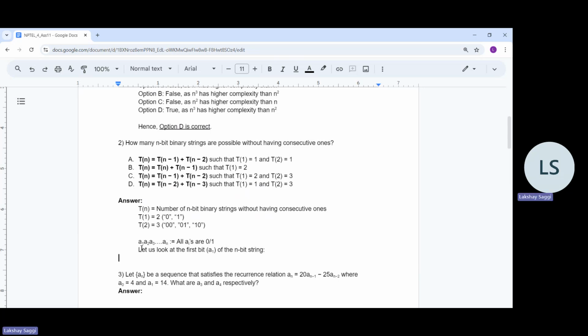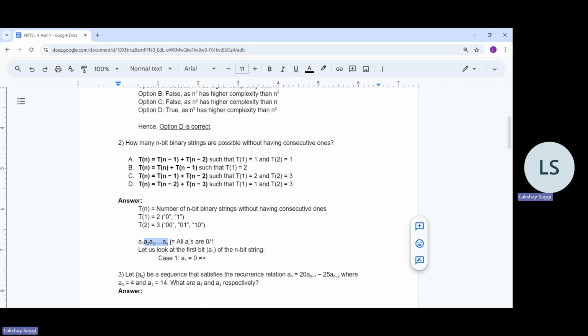There will be two cases. Case one is A1 equal to 0. If A1 is 0, what can we say? These are the n minus 1 bits remaining. The first bit has been fixed to be 0.